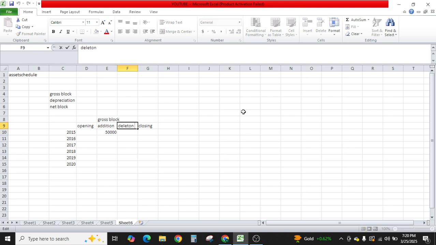Deletion means if the company is selling some assets. In this example we are not selling any asset, so our closing gross block will be 50K only.